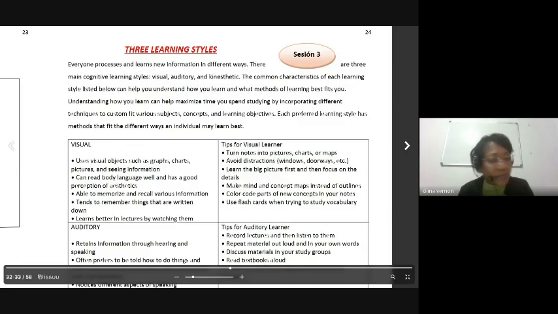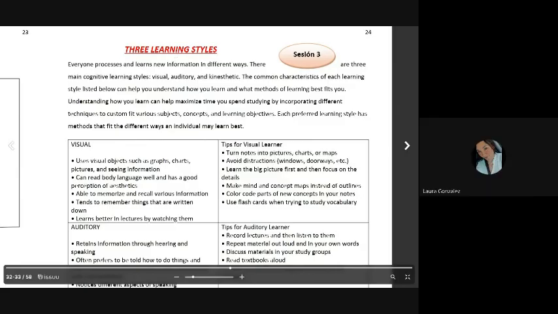Everyone processes and learns new information in different ways. There are three main cognitive learning styles: visual, auditory, and kinesthetic. The common characteristics of each learning style listed below can help you understand how you learn and what method of learning best fits you.